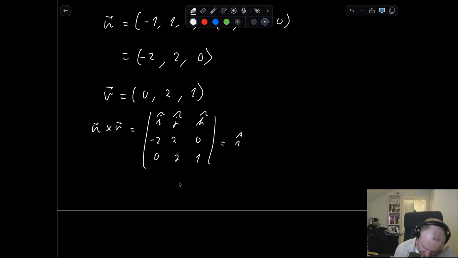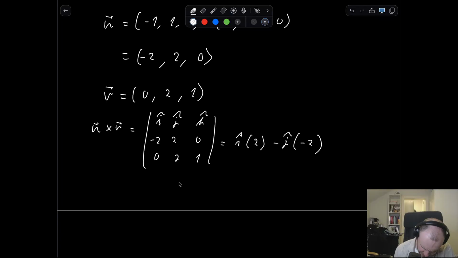So you have i hat, then I get 2, and I get 0, so that's just 2. That should be correct. Okay, minus j hat. I get -2 there, and 0. And then, of course, I have k hat.